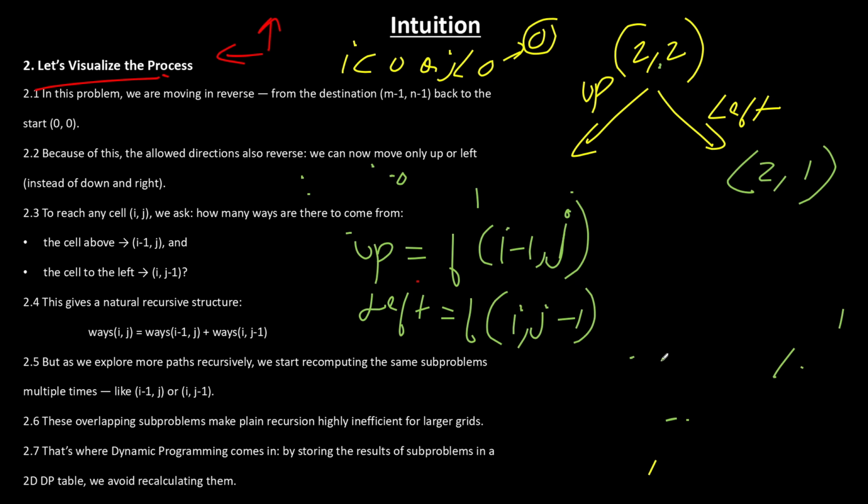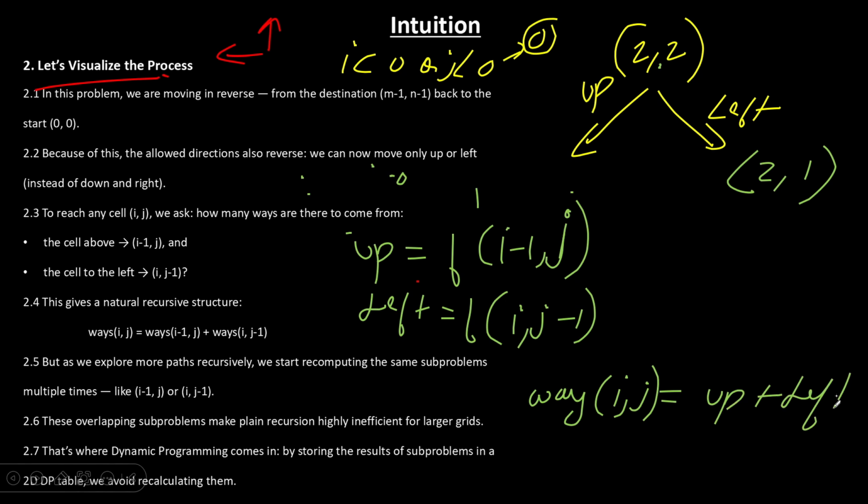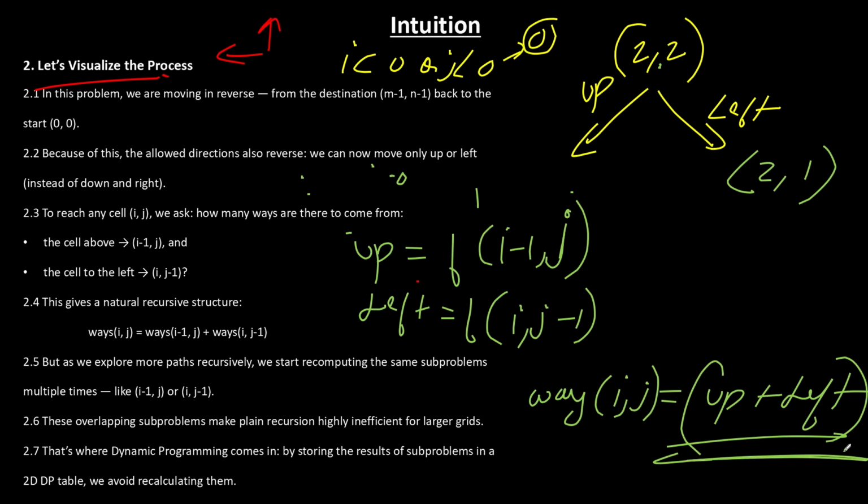Now, since we have to calculate the total sum, not the min or max, what we will do is have a function, suppose ways at ith comma jth index. The total number of ways is, you take this up and you add it with left. So this is your complete solution for the particular recursion.